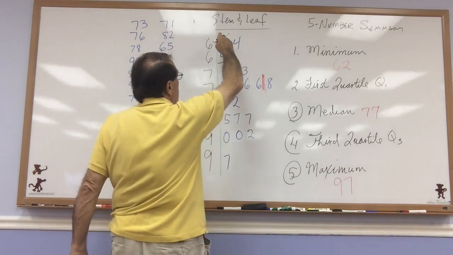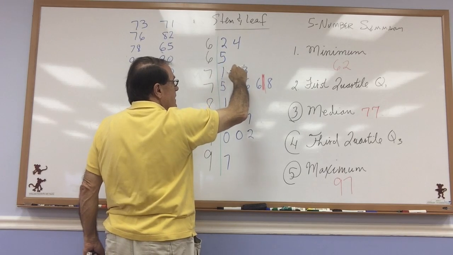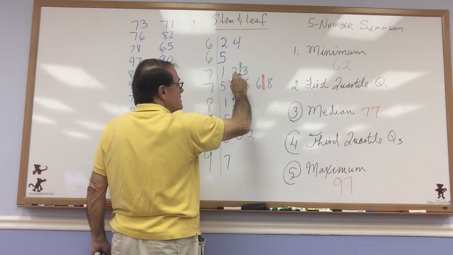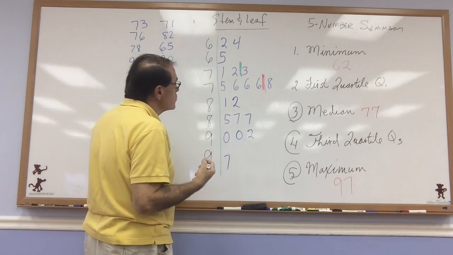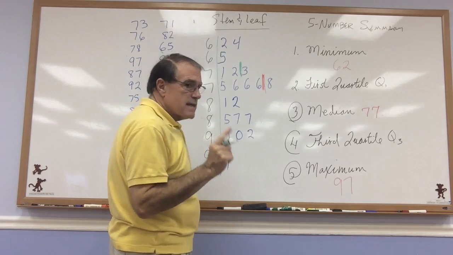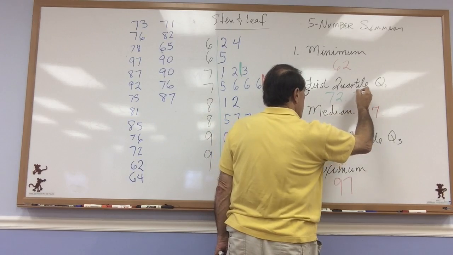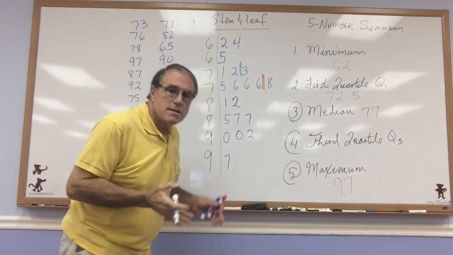So we're going to count 1, 2, 3, 4, 5. Here's my 5th score. So this number between 72 and 73 is my first quartile, and that would be 72.5.